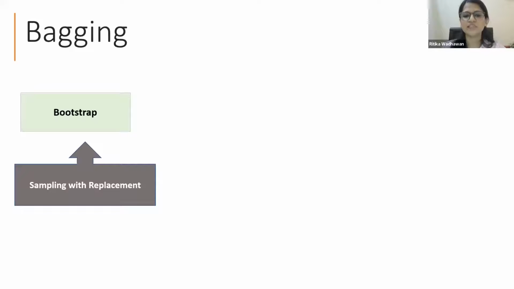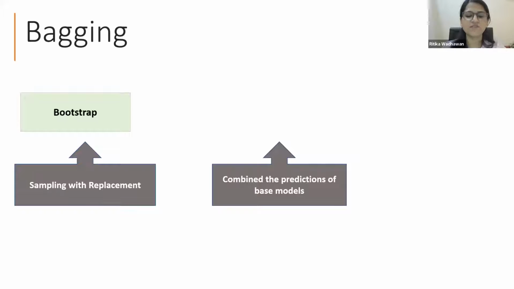The other step which we saw in the previous slide was that towards the end, we combined the predictions of different base models. This combining of predictions is done with the help of aggregation. We use an aggregation function at the end to combine multiple predictions.